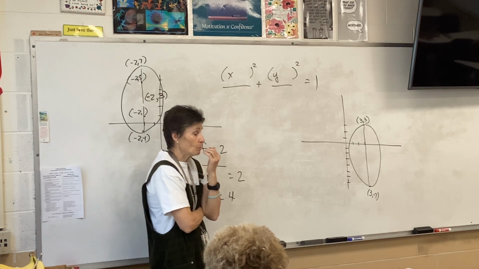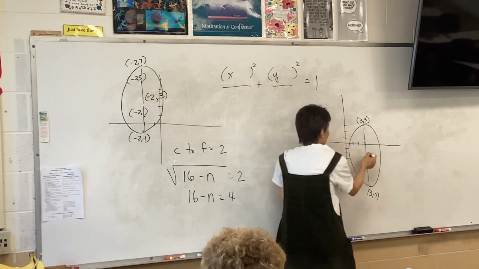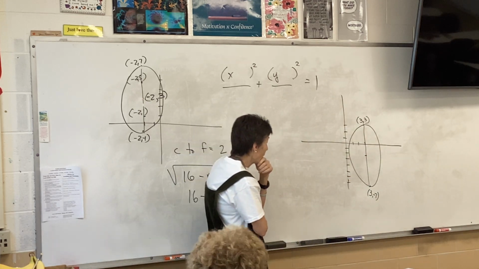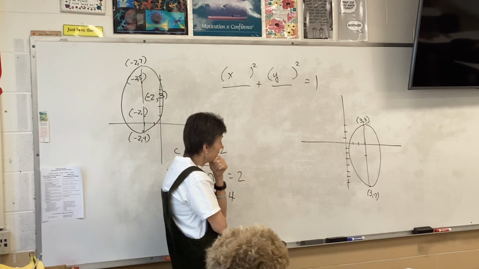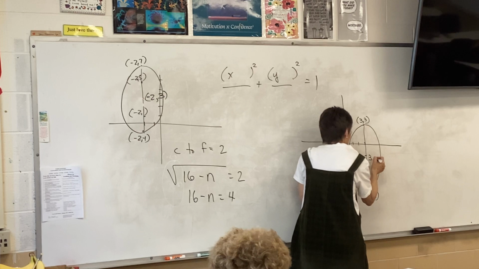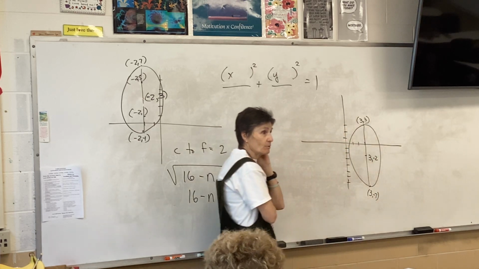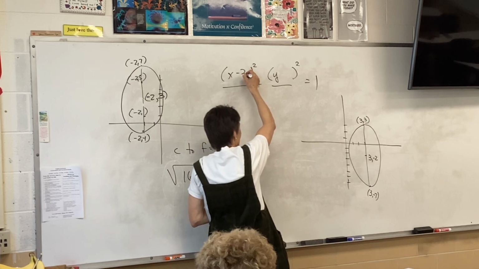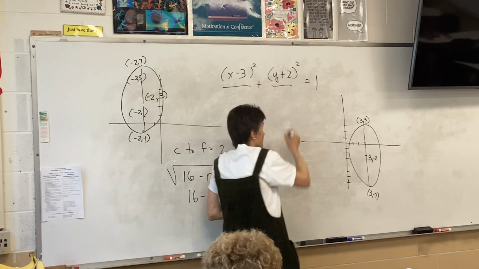Yeah, because won't the center be right in the middle of this axis? So see if you can figure out what point that is. I heard a (3, -2). Does everybody agree with that? So x minus 3, y plus 2.